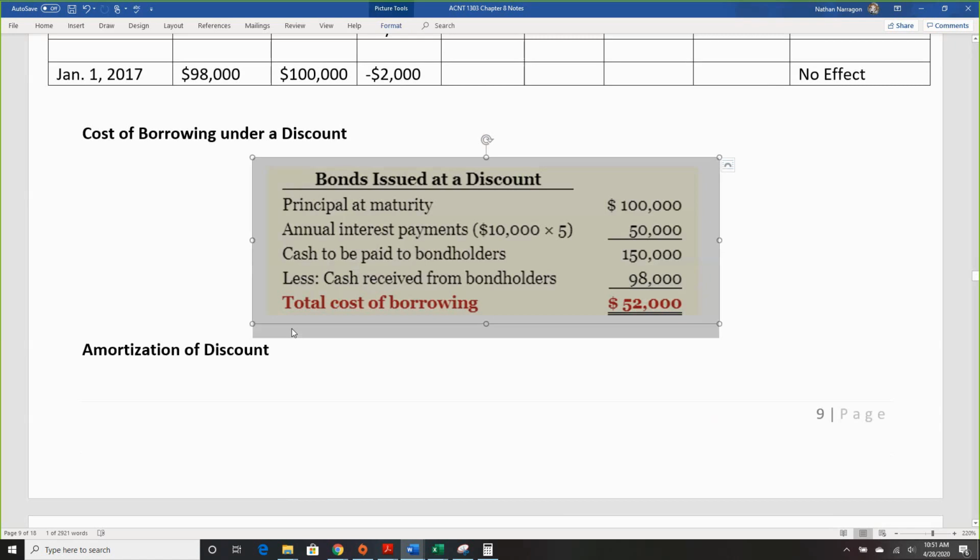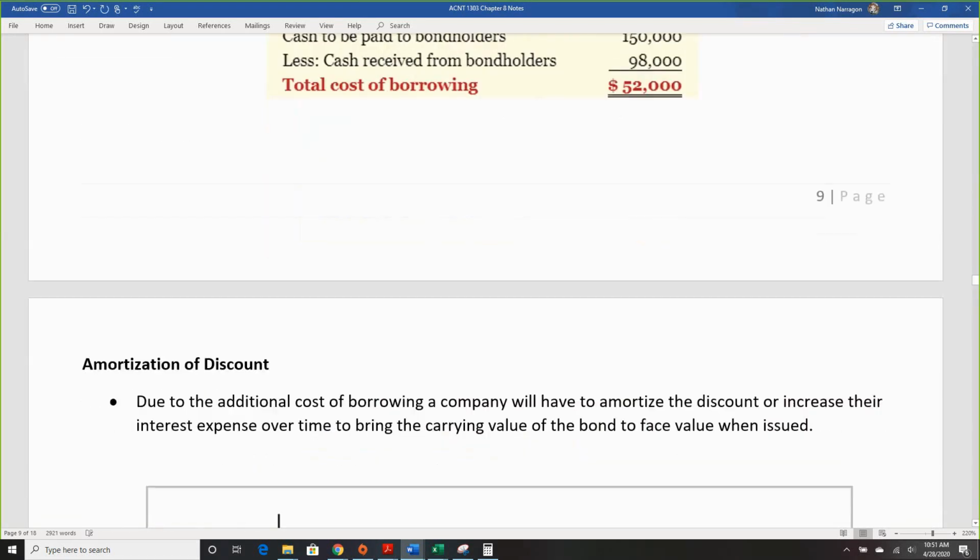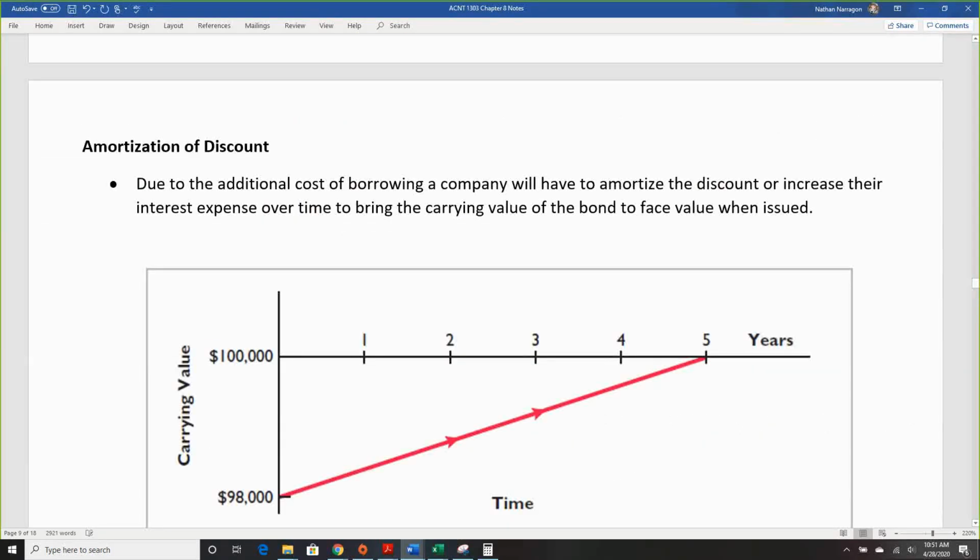But we have no accounting here because we're already accounting up here. The unfortunate part about discounts is that they do have to be amortized. So they're kind of being depreciated during the life of the bond, mostly because of this.